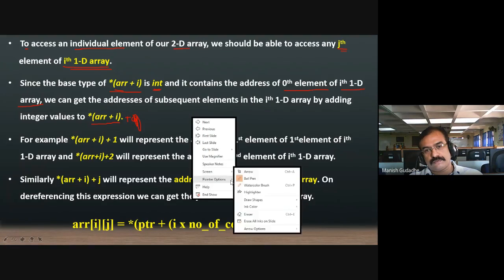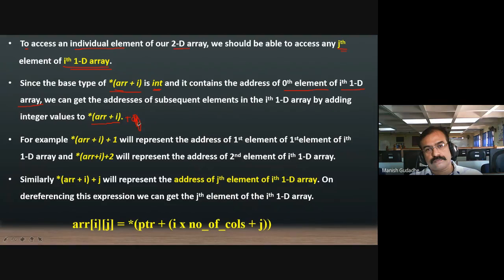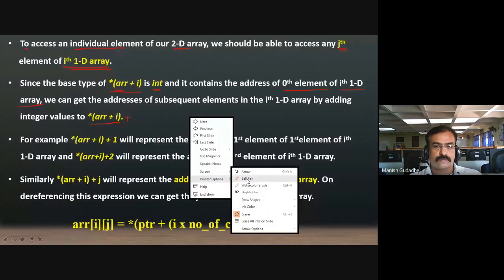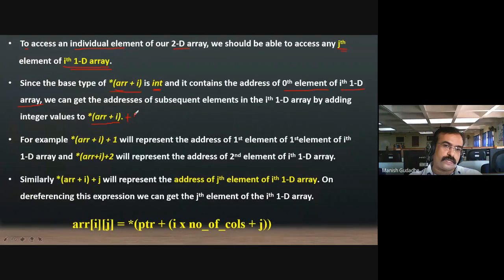If I add 2 here, it will take me to the second element. If arr plus i represents the address of the 0th element, adding 1 gives the first element of the ith 1D array. Likewise, if I add 2, it will give me the second element of that 1D array. Thus, we can access individual elements.